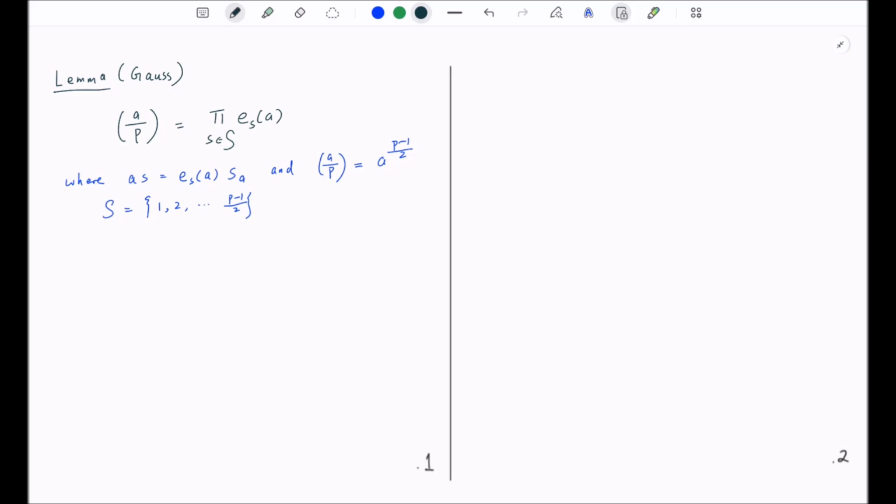And now let's prove Gauss's Lemma. We first remark that the map sending S to S sub A is a bijection of S onto itself. Let me write this as a claim. Now let's verify this claim.